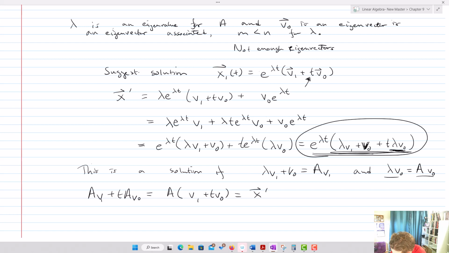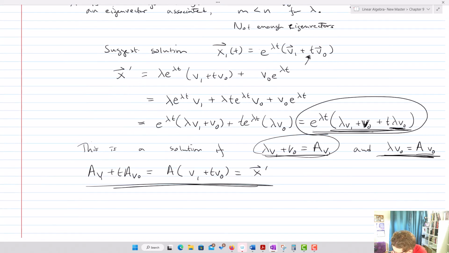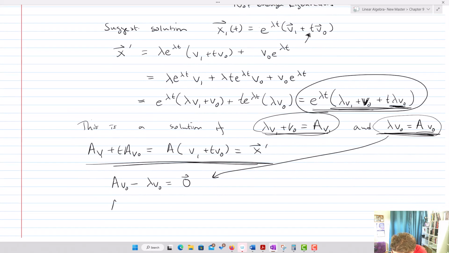So if these two things are true, then we actually have the required solution that we want. So I've got A v naught minus lambda v naught equals 0. That's this first equation. And then A v1 minus lambda v1 equals v naught. And that's the second equation.